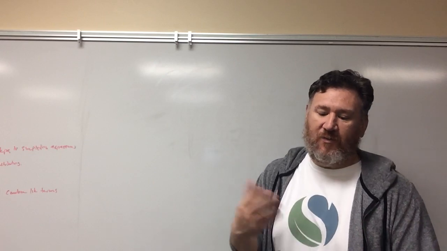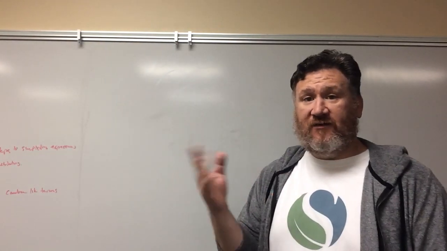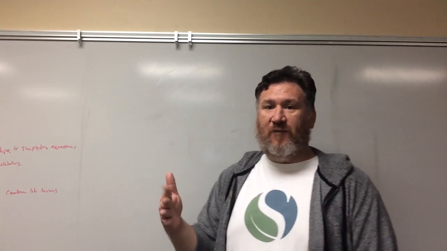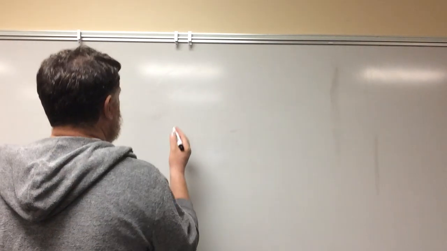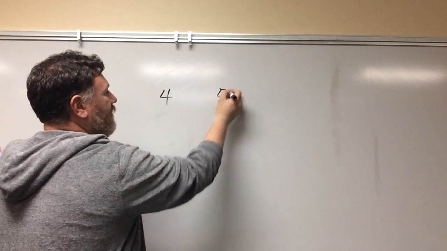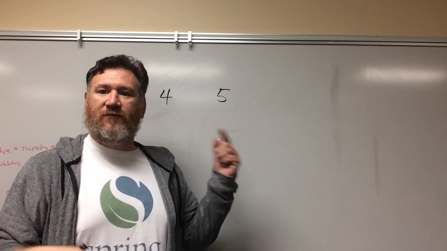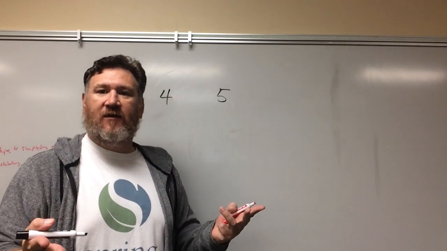So on your sheet it says, remember, like terms have the same variables, comma, the same exponent. They have to have both, okay? 4 and 5 are like terms because they're both numbers. I can put 4 and 5 together and I can get 9, okay?